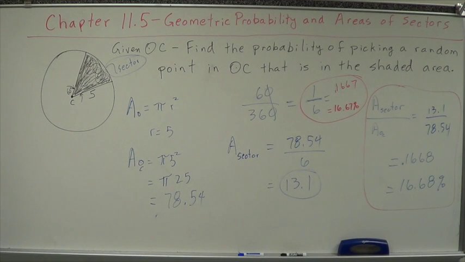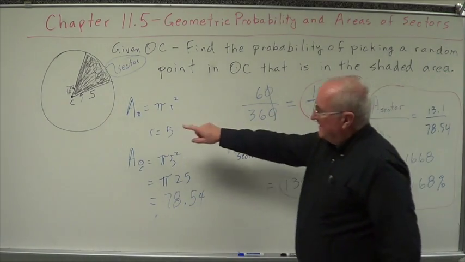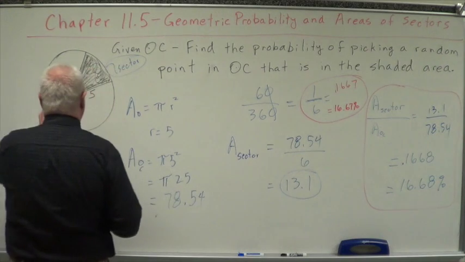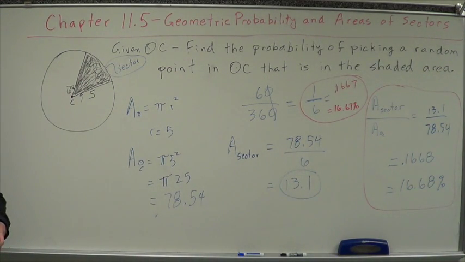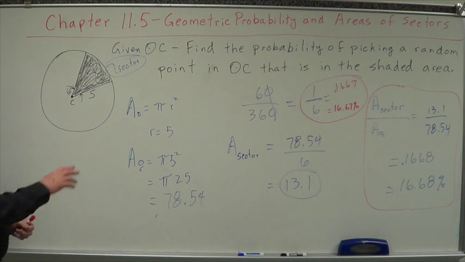We can take the area of what we'd like to hit, or what we'd like to pull our point out of, the area of that sector, and divide it by the total area of the figure and get it. Or, in this case, in the circle, we can say, wow, the 60 degrees is taking up 1/6 of the circle. How do I know that?